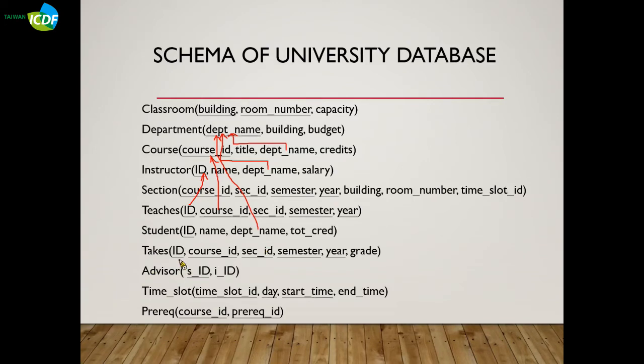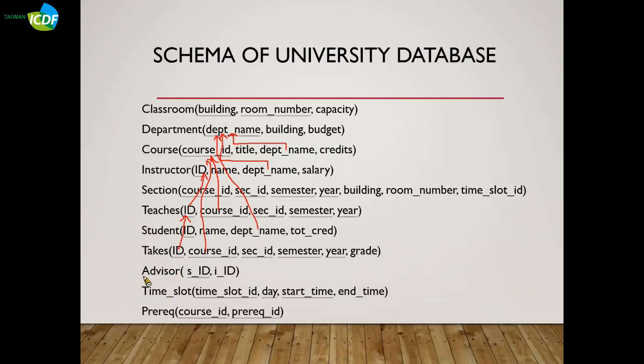So each attribute of the primary key needs to be checked. Here we can find ID is the student's primary key, so ID is a foreign key. In addition, course ID is also the primary key of the course table. Accordingly, the takes table has two foreign keys.